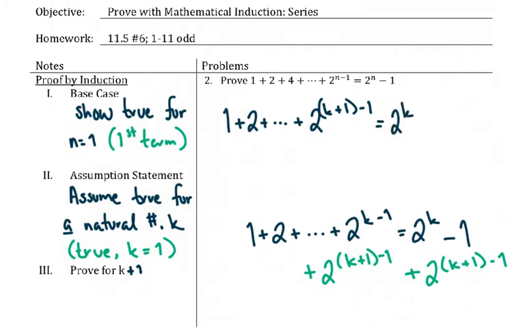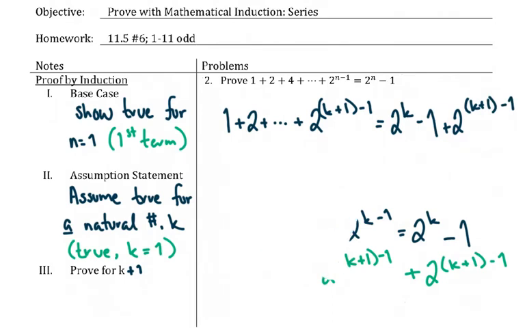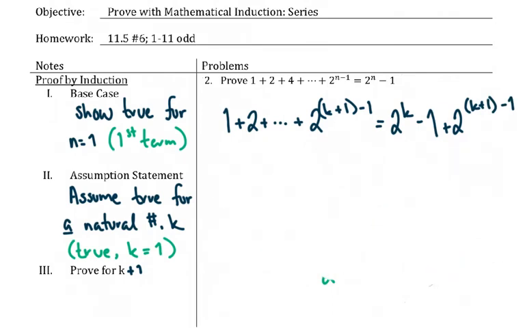We've got 2 to the k minus 1 from before, plus 2 to the k plus 1 minus 1 that we just added on. So I'm going to erase this to give myself some space. So we're going to do some algebra here, and we know we want it to be equal to this side, but with k plus 1 plugged in. So we know we want this to be 2 to the k plus 1 minus 1.